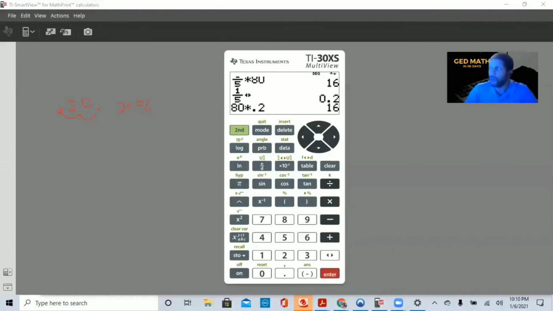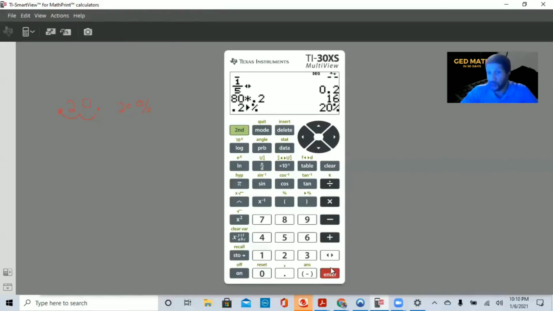But guess what? Say if I didn't remember. Okay, I don't remember how to do that. That's all right. But what you do know is that 0.2 can be easily changed to a percent, 20%. So now instead of 1/5 or 0.2, what's 20% of 80, which is a common question on the GED exam. It's almost on every exam where you have to find a percentage of a number.